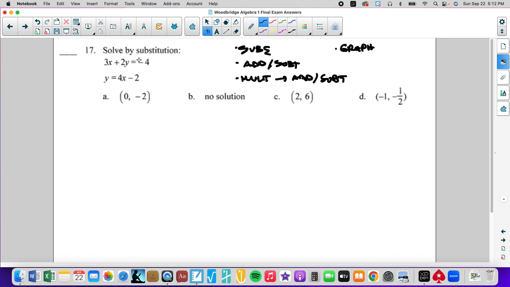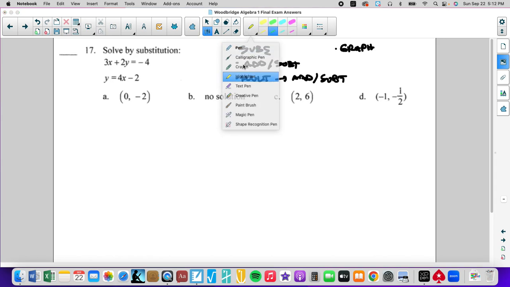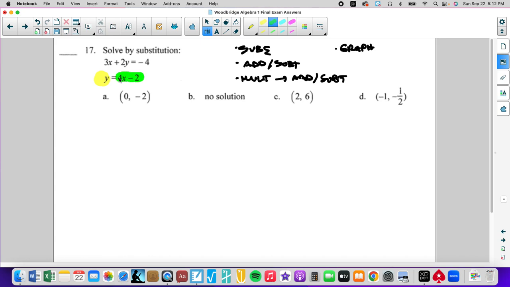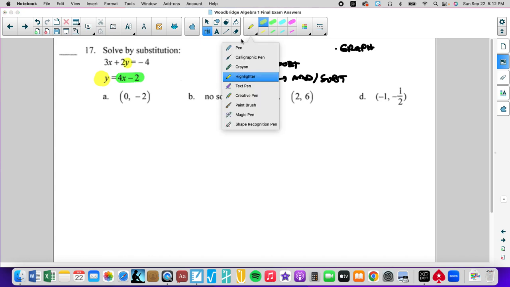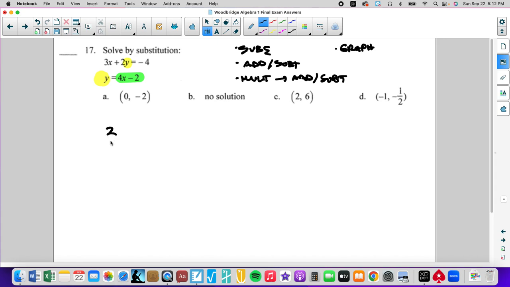So through substitution, since this bottom equation is solved for y, we're going to take this and plug it in for y. That's what substitution is. So we'll take this equation, 3x plus 2y equals negative 4, and where we see y, we are going to substitute 4x minus 2.